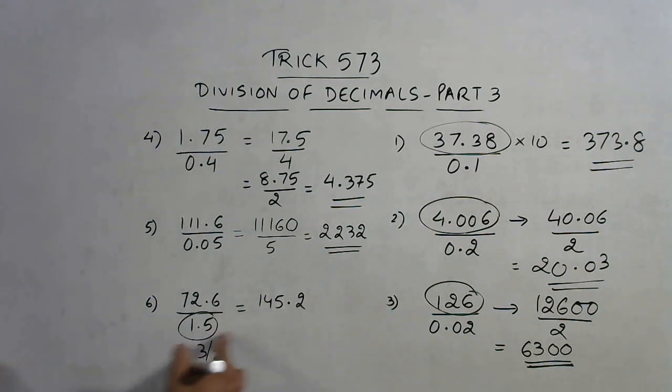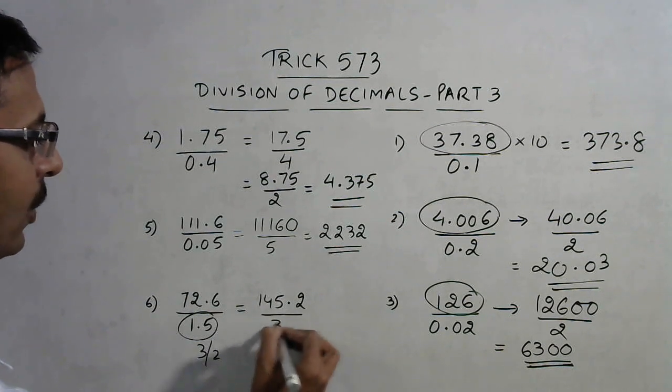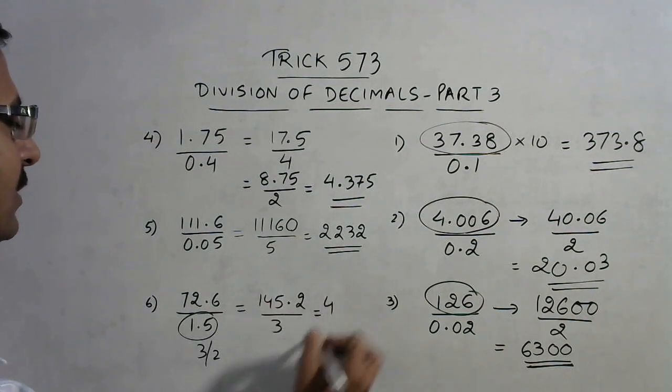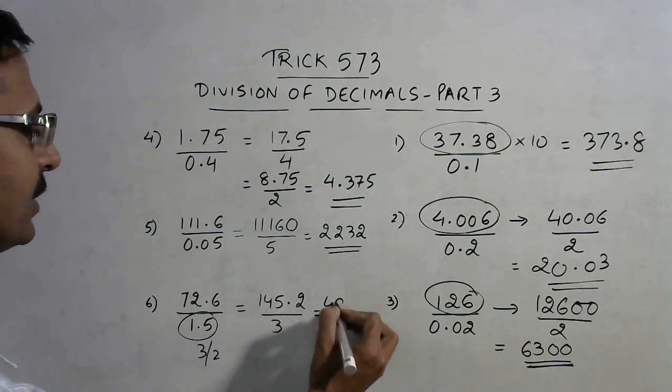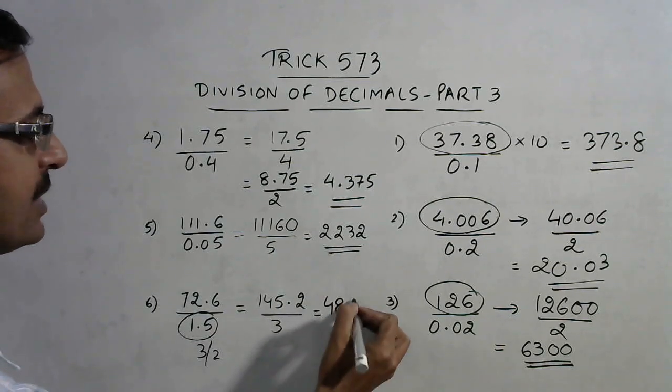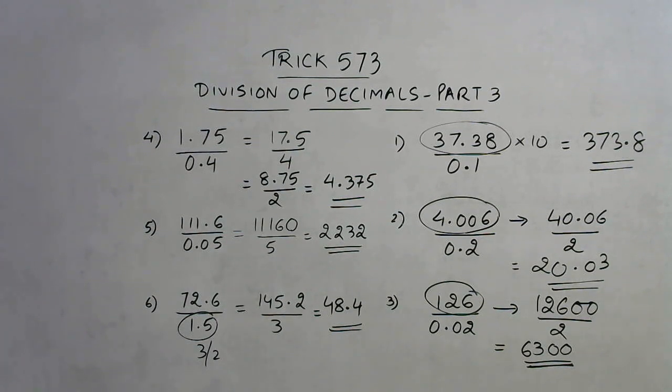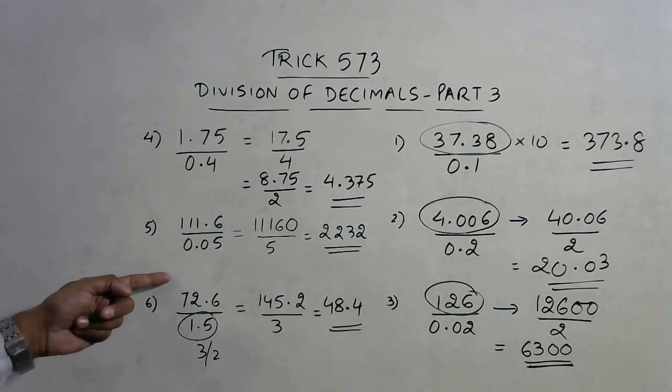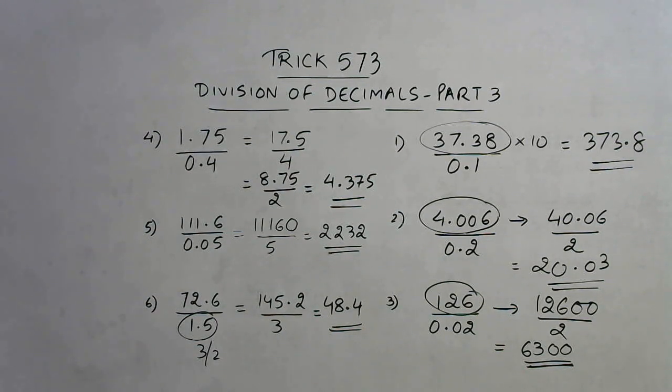So this is the double of the number 72.6. Now the denominator is 3, and we divide by 3. 3 fours are 12, 3 eights are 24, and 12 divided by 3 means 4. 48.4 is the quotient when we divide 72.6 by 1.5.